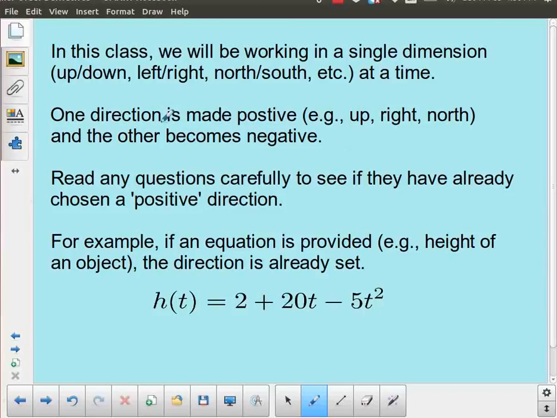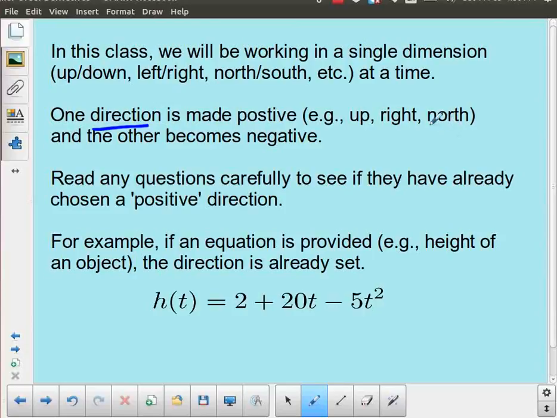So the way we deal with that is the idea of direction is handled through the use of positive and negative. We assume one direction is positive, and usually it's a fairly intuitive choice. So we might choose up to be positive, which would make down negative, or right to be positive, which would make left negative, north to be positive, make south negative.